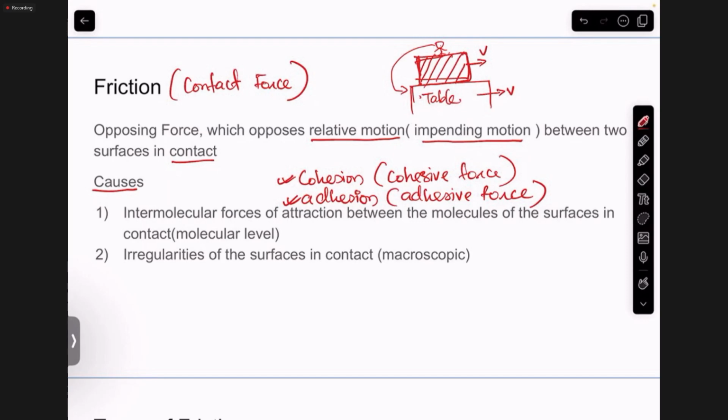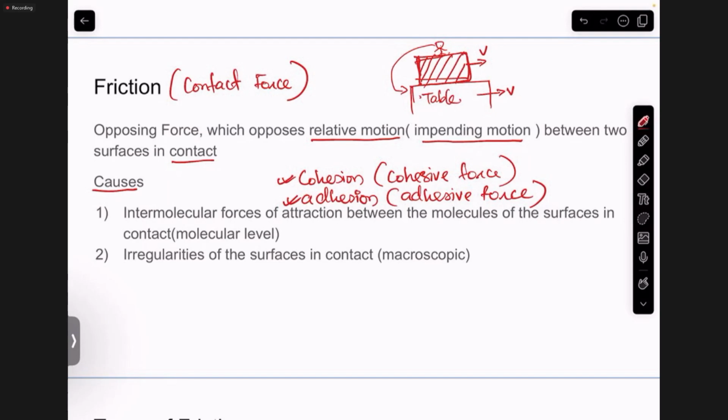Similarly, if you place a book on a table, due to gravity, obviously this book is staying on the table. But other than that, there will also be relatively smaller, but still significant forces of attraction between the molecules of the book and the table.